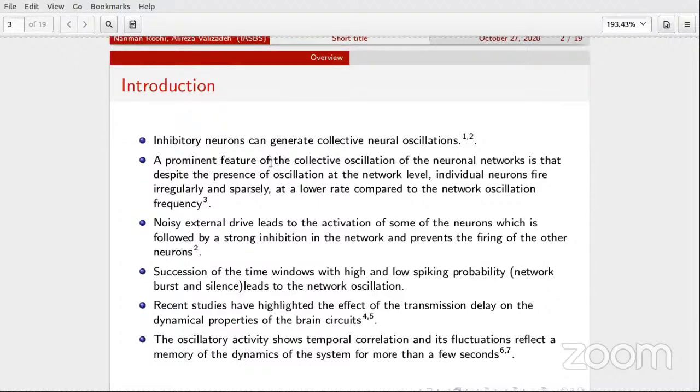Noisy external drives lead to activation of some of the neurons, and this noise tries to generate some bursts in activation of networks.